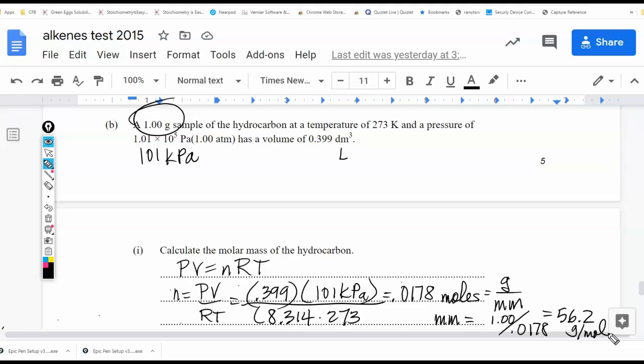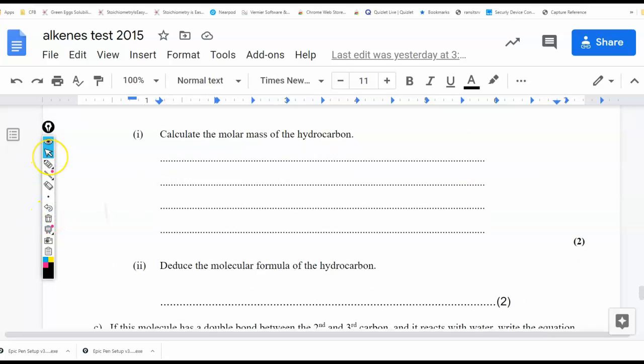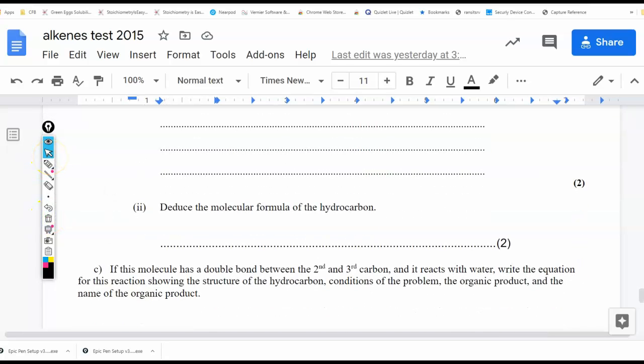Okay, so I have determined the molar mass, and now what I need to do is plug it back into the problem. I bet they're going to ask me what the molecular formula is. So let's go see what the next question is. The next question is deduce the molecular formula. So I've got 56.2.